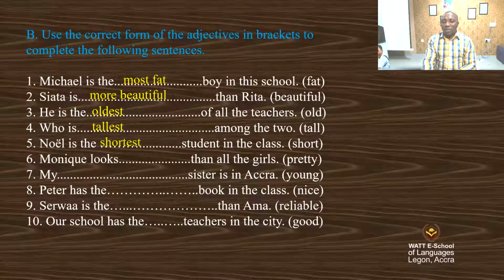Noel is the shortest student in the class. Monique looks more pretty than all the girls. My younger sister is in Accra. My youngest sister is in Accra. Peter has the most nice book in the class. Sewa is the most reliable.